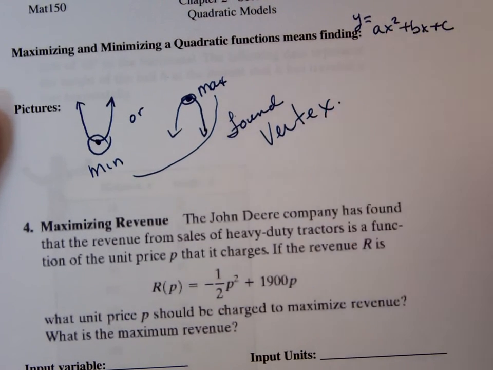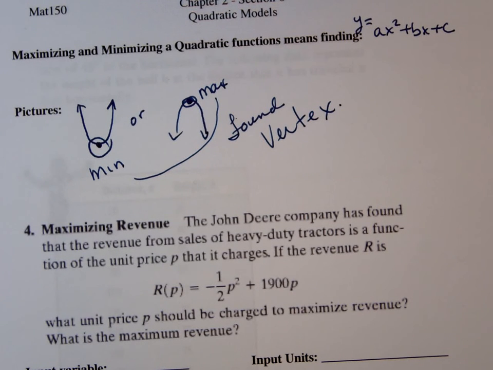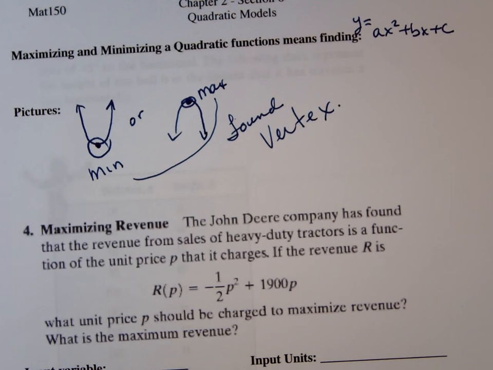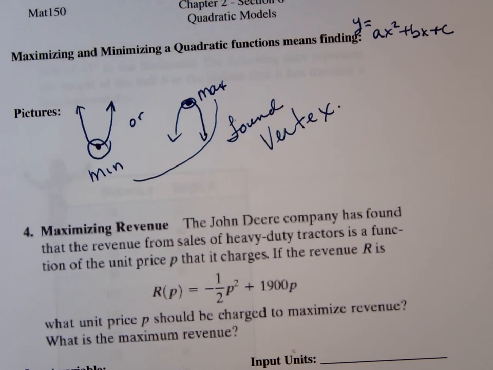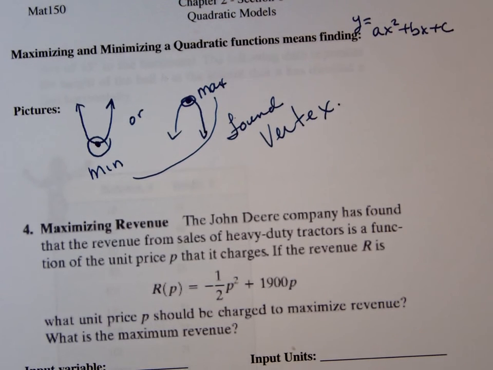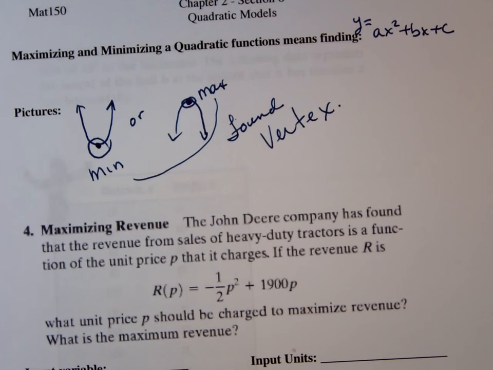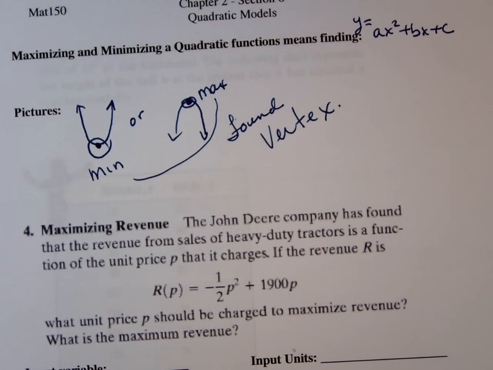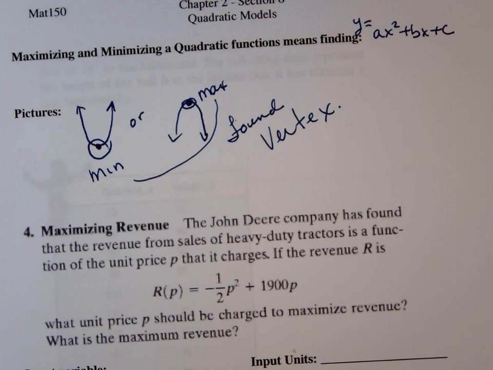One of the things that can help you for this exam, especially if you're going through your homework, is to begin making a list of formulas. And the formula on this exam that'll kill you is the formula for the x-coordinate of the vertex, because the applications are going to involve finding maximums and minimums. So that's a formula you're really going to need to know.